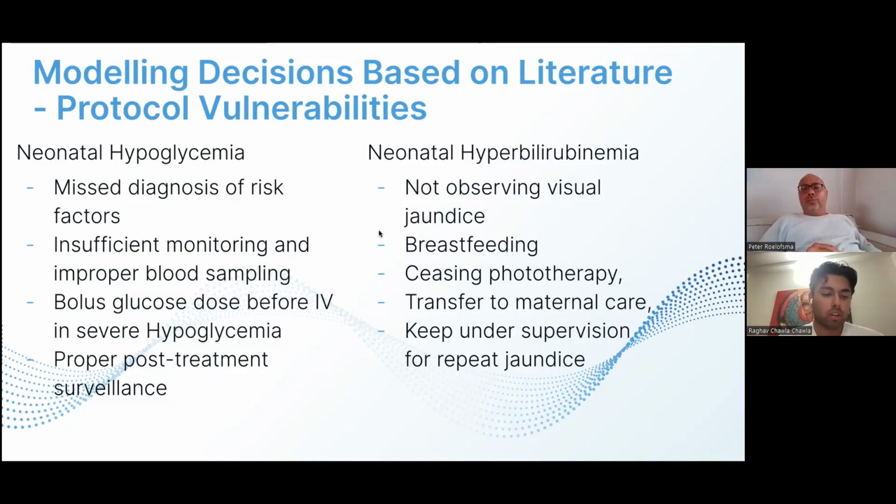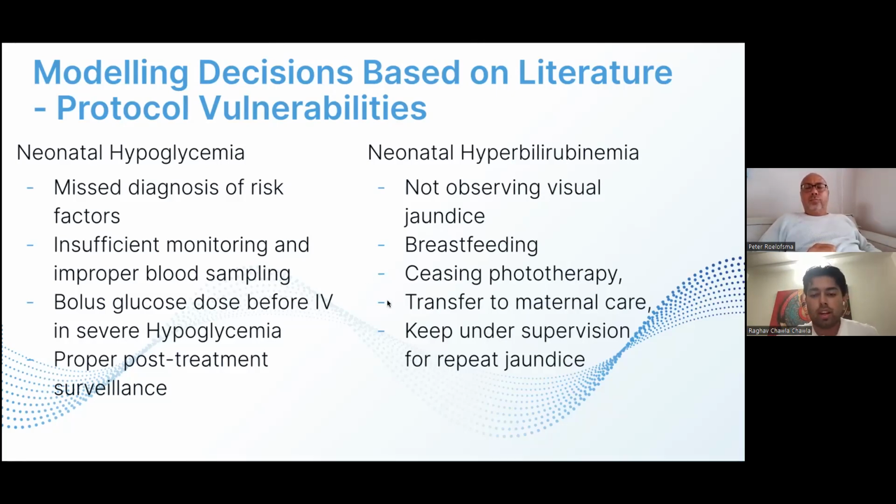So it needs to be well monitored. Sometimes, when there's a severe case of hypoglycemia, you're supposed to give a bolus glucose dose where you inject glucose directly into the bloodstream with a syringe. However, a lot of times this is forgotten, and we just have a high concentrated intravenous dosage in the blood. And there must, of course, also be proper post-treatment surveillance to make sure that the hypoglycemia doesn't increase again.